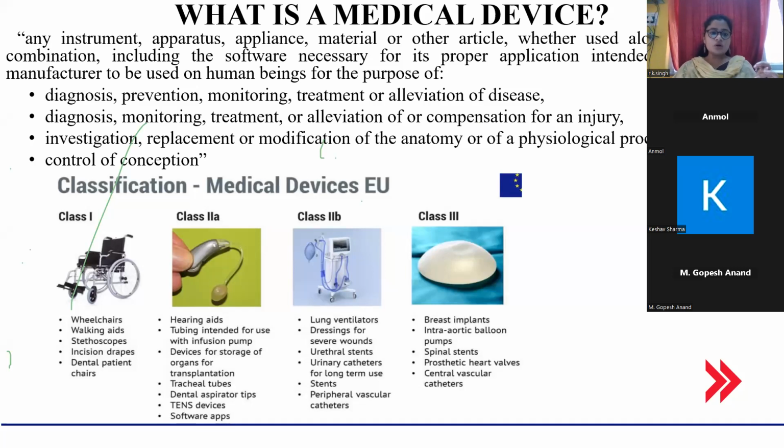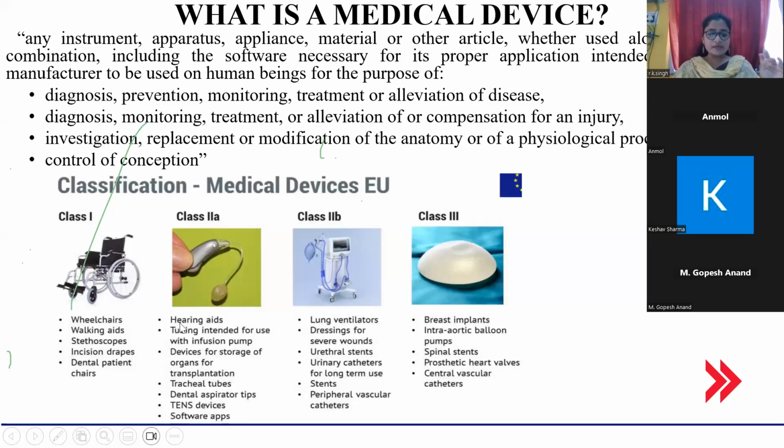Obviously we are talking about a medical condition of human beings only over here, and it can be used for the purpose of diagnosis, prevention, monitoring, treatment, or alleviation. Alleviation as in the cure of any particular disease. Also it can be for any particular injury, compensation of any particular injury, or modification or replacement of any anatomical or physiological aspects, and also in respect to control of conception.